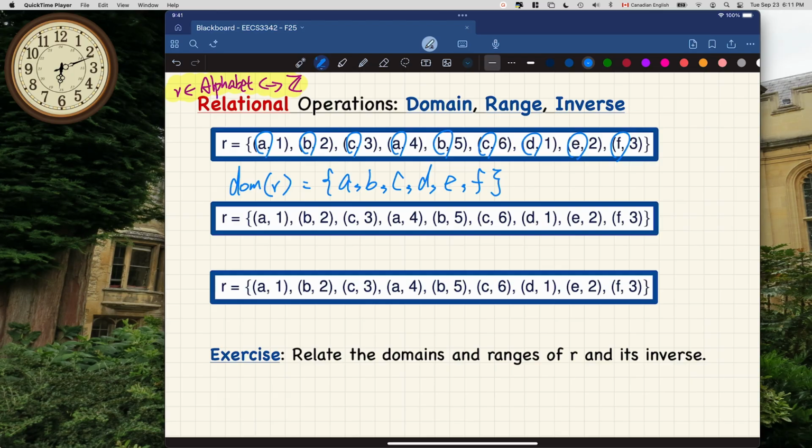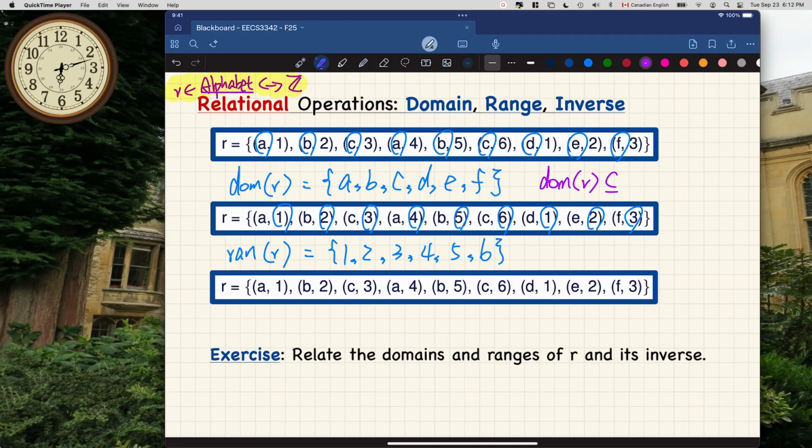Range will be the second elements altogether. So the range of R will be 1, 2, 3, 4, 5, 6. And one very important point: the domain of R, in general, should be just a subset of the first set over here, alphabet.